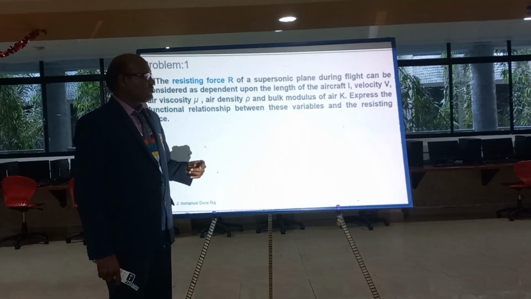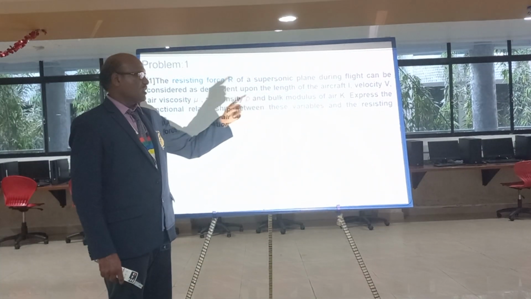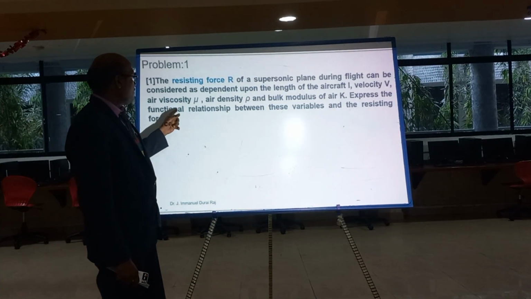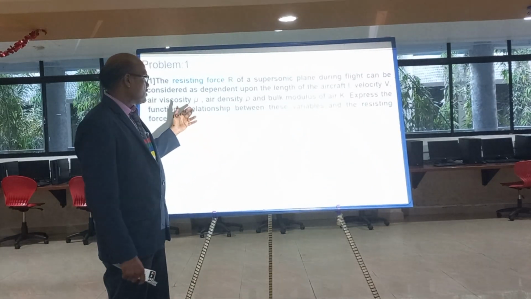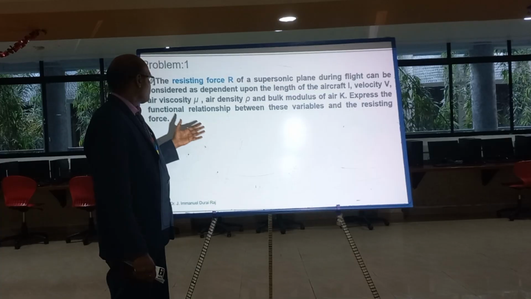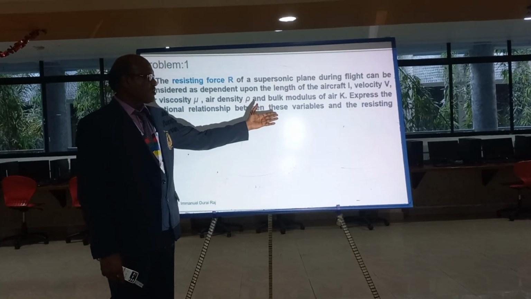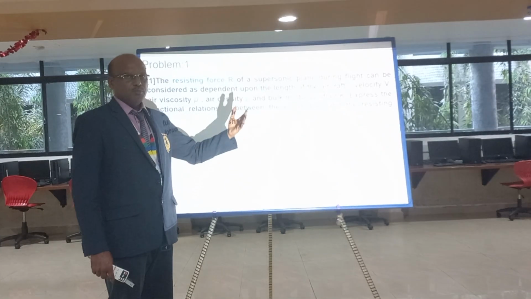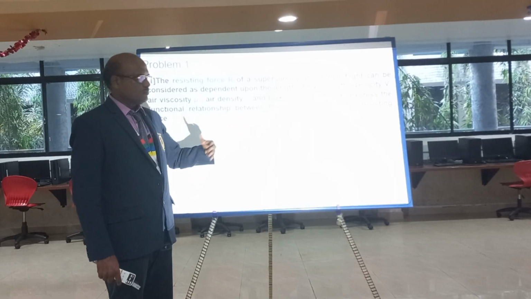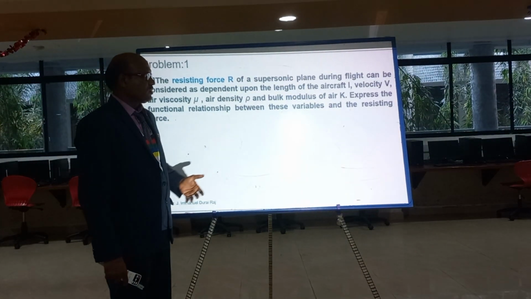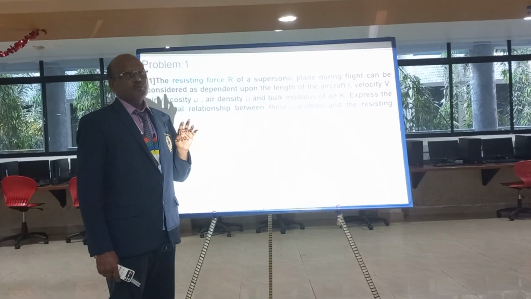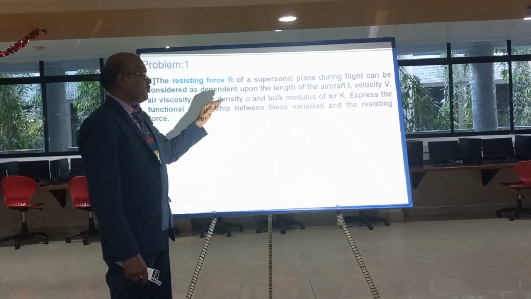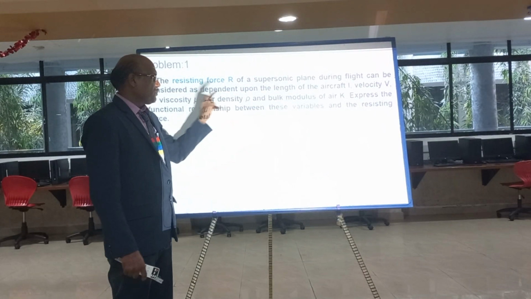Length of the aircraft L, velocity at which the aircraft moves V, air viscosity, air density, whether the air is denser or not, and bulk modulus of air K, that is change in pressure by change in volume to volume. These are all the parameters observed during the supersonic flight.